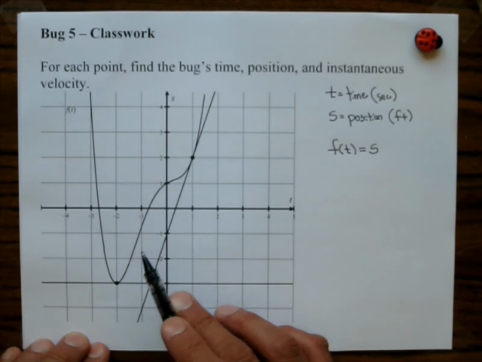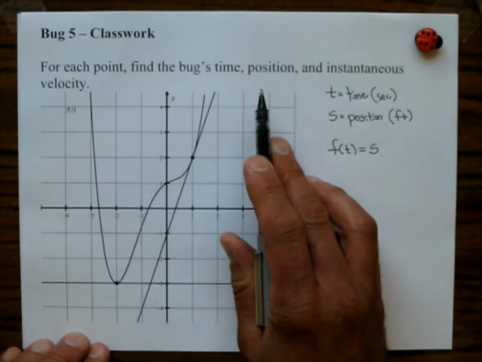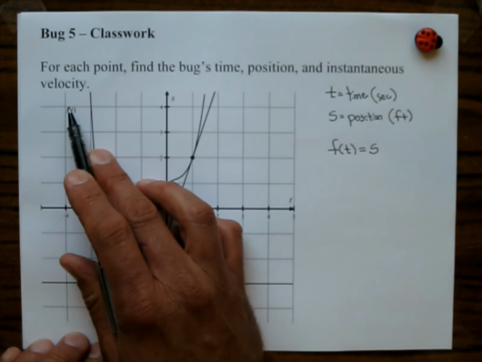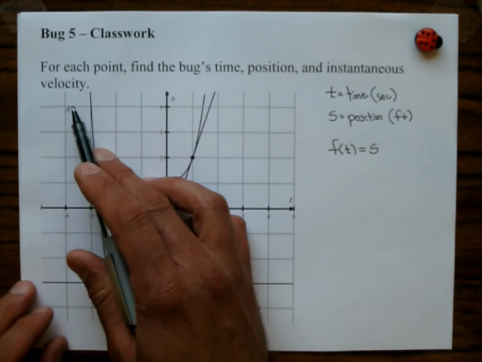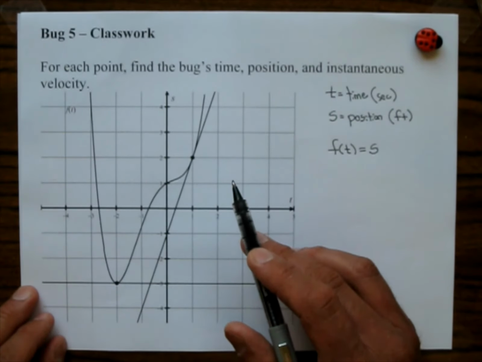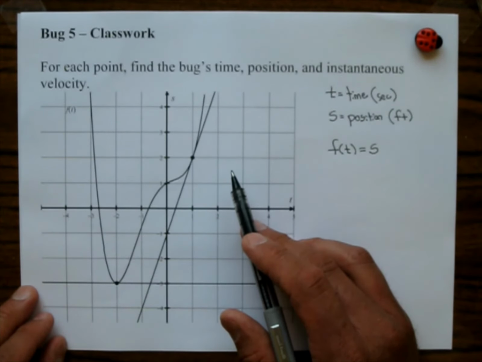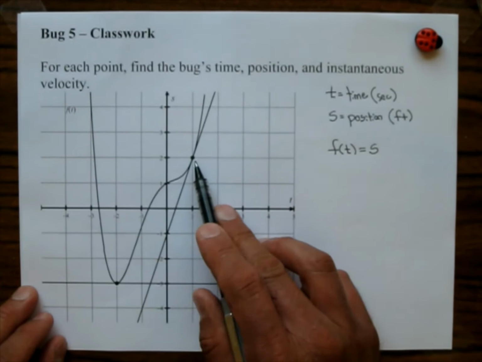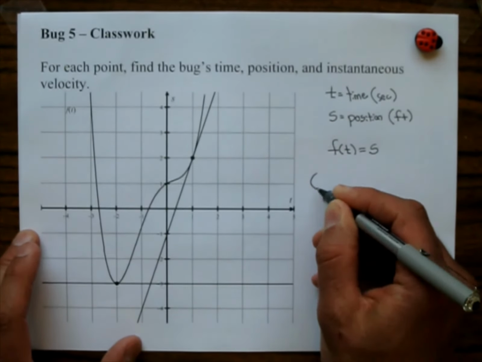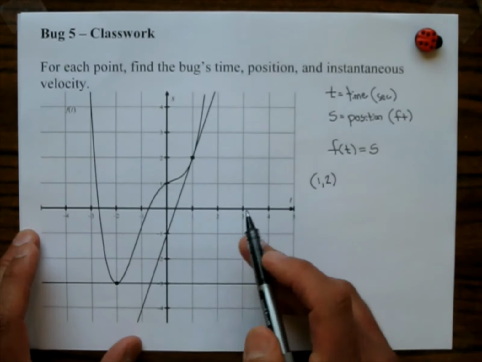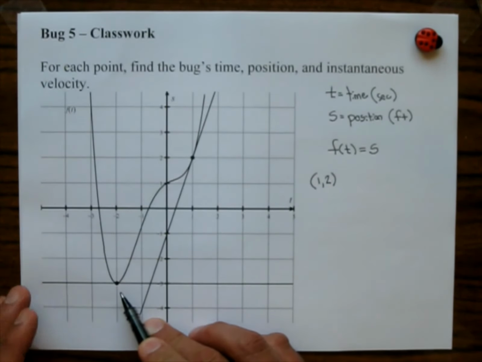Find the bug's time, position, and instantaneous velocity. So we found out in bug 4 that the instantaneous velocity is gotten by finding the slope of the tangent line. We're going to start at the point 1, 2.